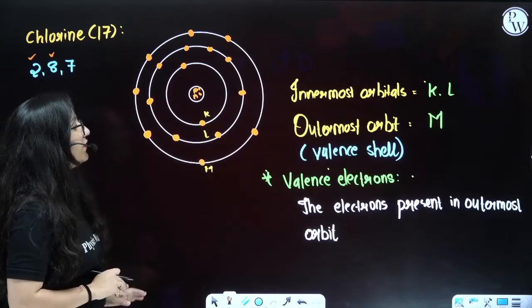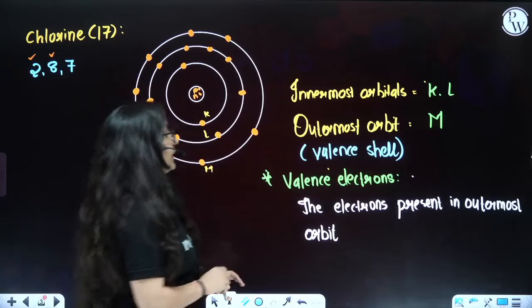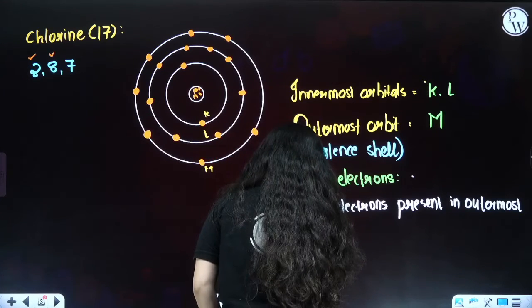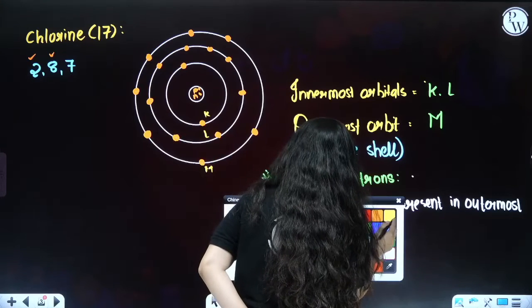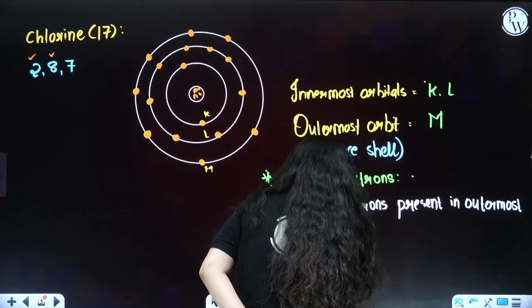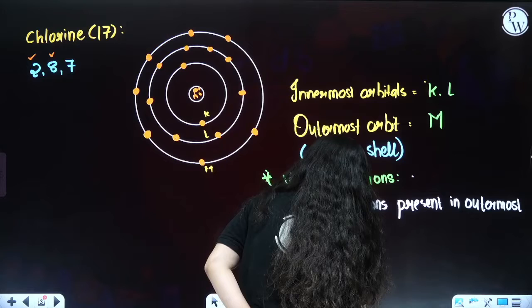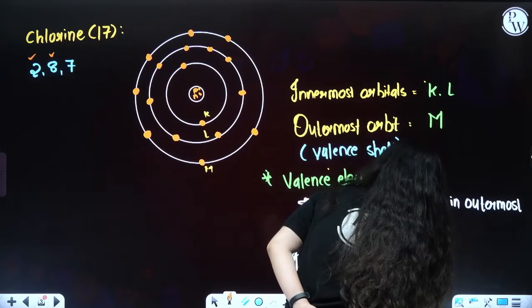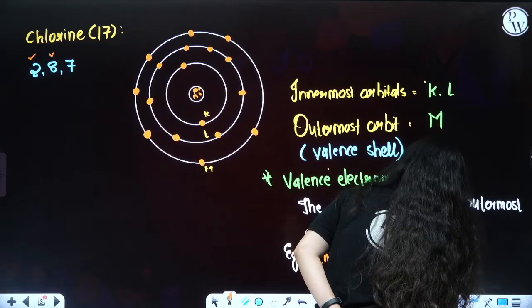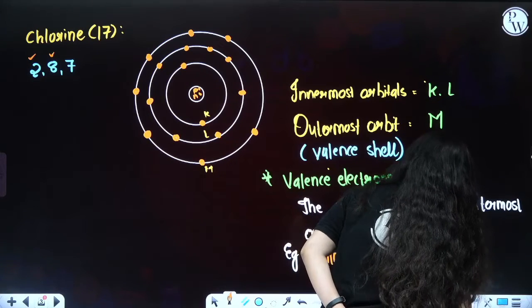Here, how many valence electrons are there? Here total 7. Chlorine has, for example, you can write over here, chlorine has 7 valence electrons. Clear?